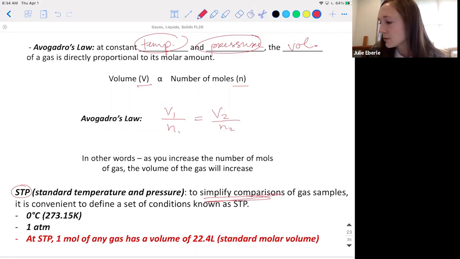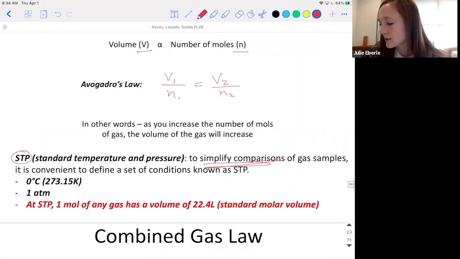So standard temperature and pressure of gas samples are set to conditions known as STP. They're listed right here. Standard temperature is 0 degrees Celsius or 273.15 Kelvin. Standard pressure is 1 atm.